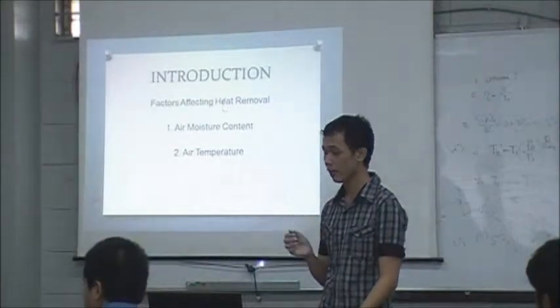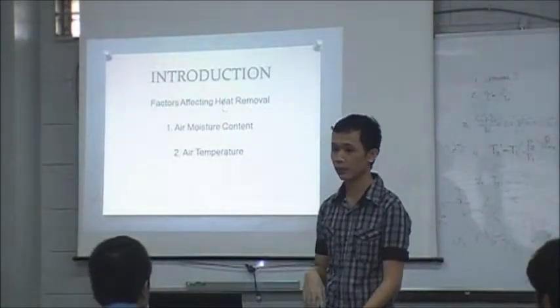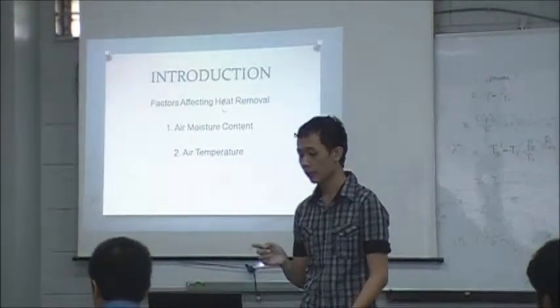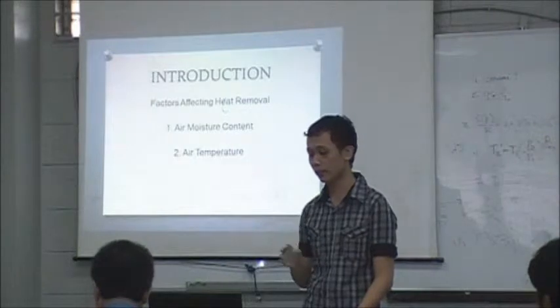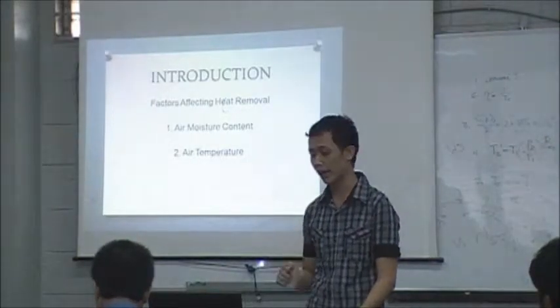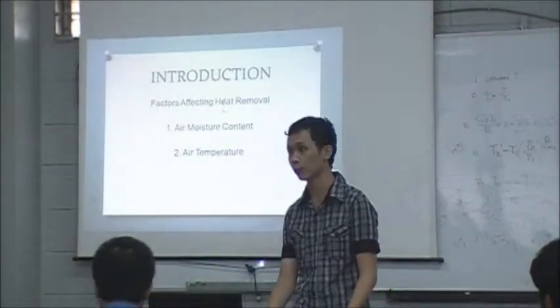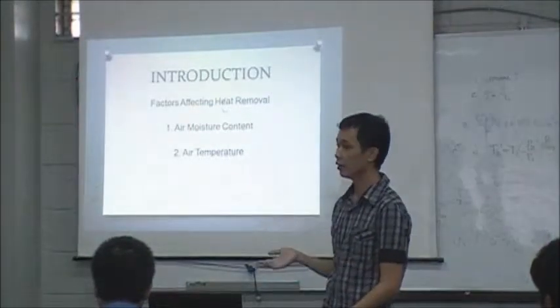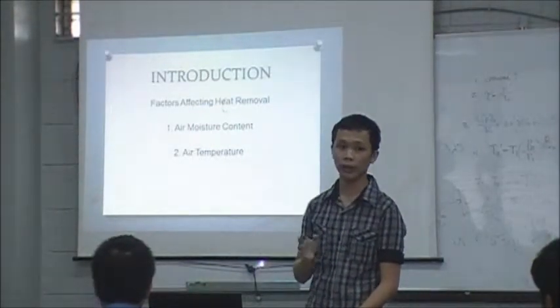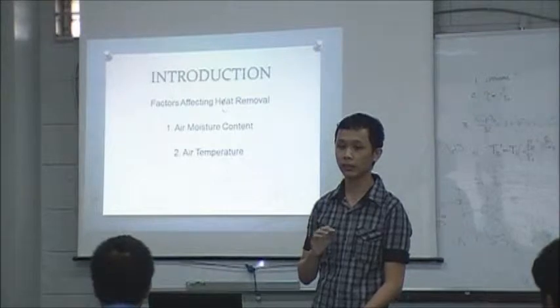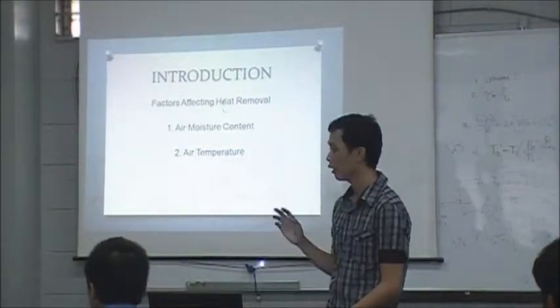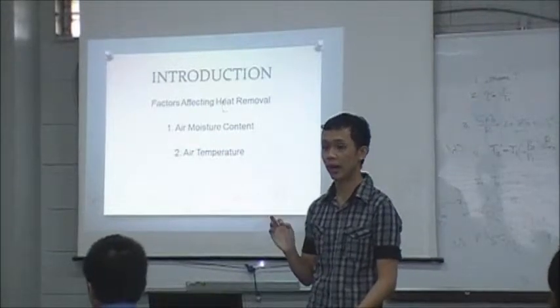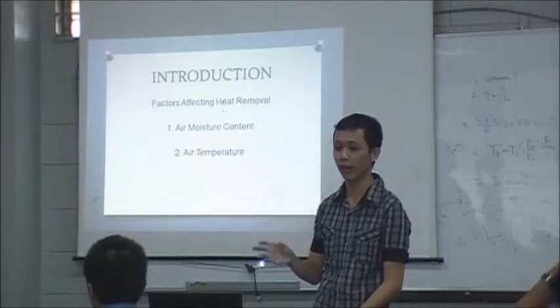This affects the heat transfer, since the amount of water that can vaporize is limited when there is already water inside the air. Next is air temperature. When there is low air temperature, the transfer of heat is also minimal. If there is high air temperature, then we can use the high temperature to transfer the heat from the air into the water.